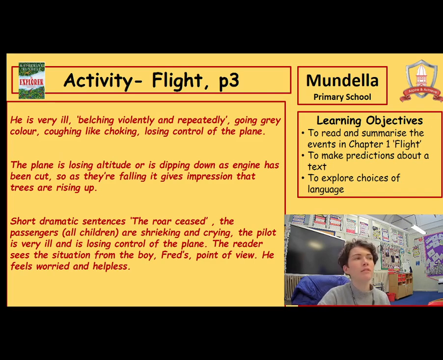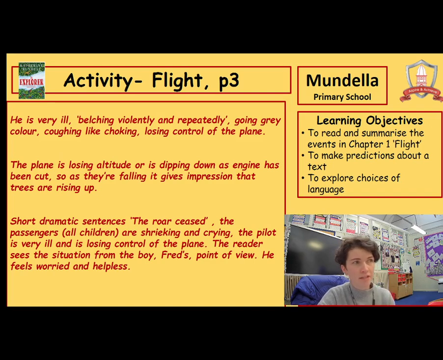And how does the writer build a sense of excitement or tension? Well, Katherine Rundell, the writer, uses short, dramatic sentences like the roar ceased. The passengers, as we learn in this chapter, are all children. They are shrieking and crying. They're clearly very distressed. The pilot is very ill and he is losing control of the plane.